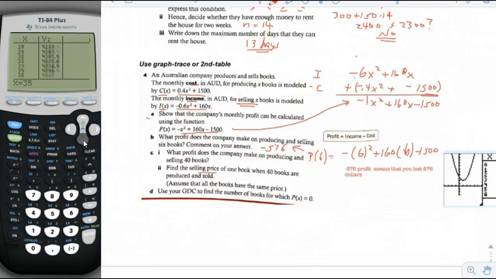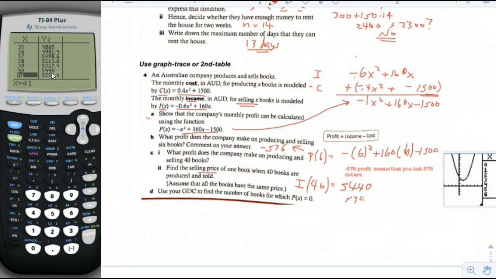We're almost there. Okay, 5,440. So the total income for 40 books is 5,440. And then for one book, I can divide the total income by 40.